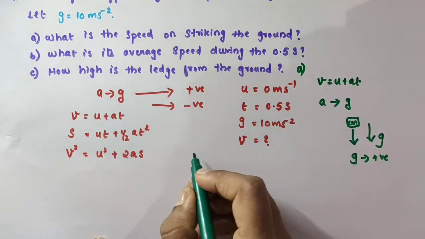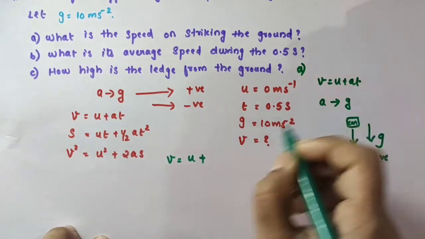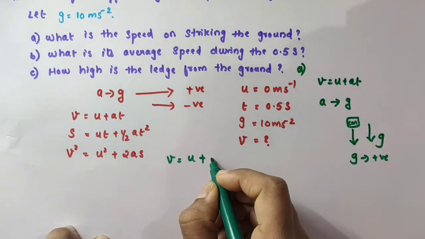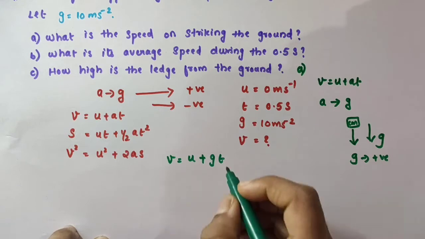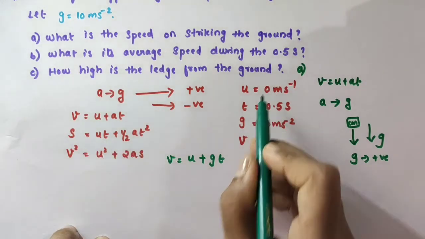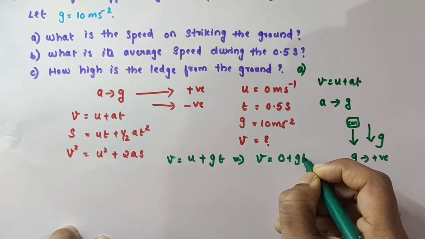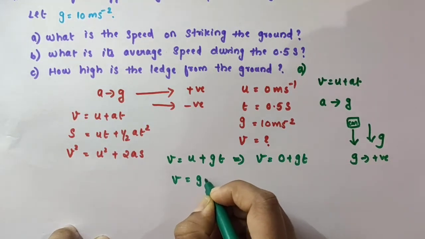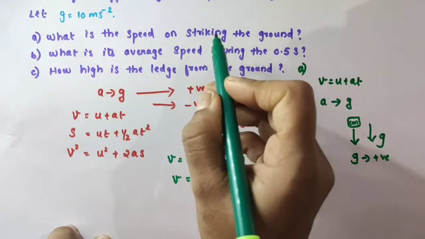So this equation becomes v is equal to u plus g into t, plus into plus, plus itself. Now, u is equal to 0. So this equation becomes v is equal to 0 plus gt, that is, v is equal to g into t. The first question is, what is the speed on striking the ground?